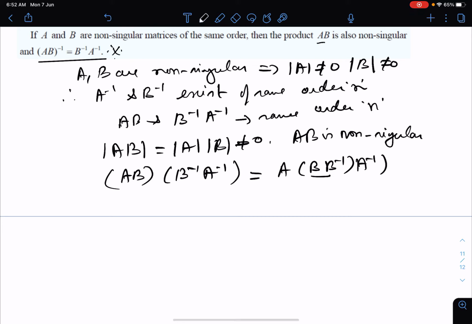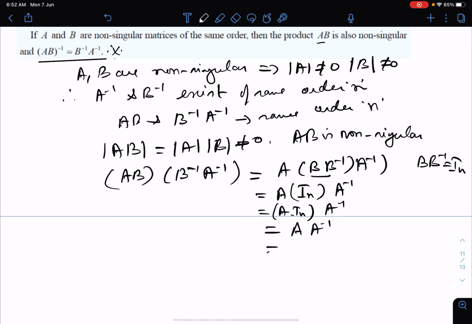B inverse B will be equal to I of order n. So this becomes A into I of order n into A inverse. A into I gives again A, so A into A inverse, and that is again I.